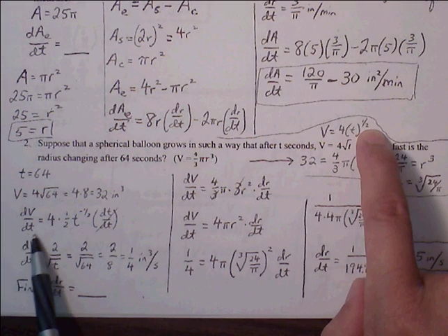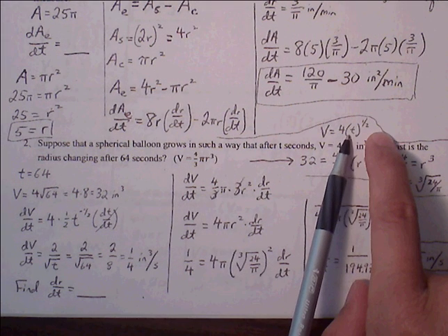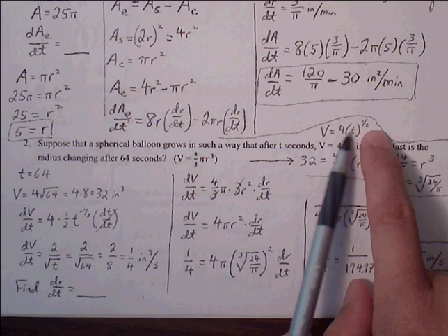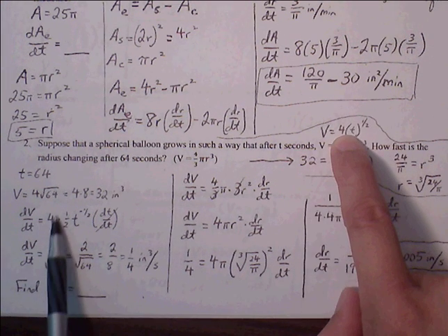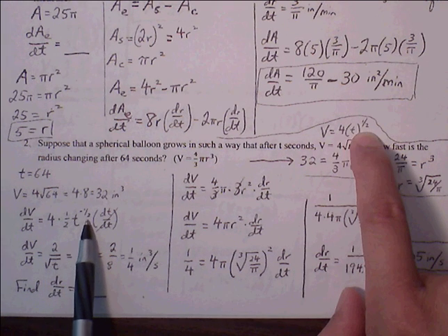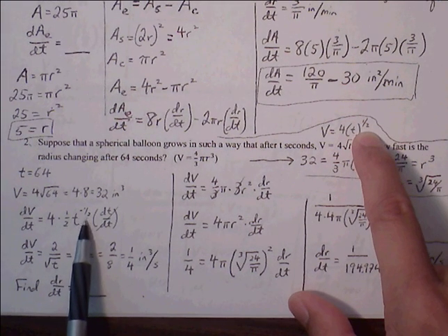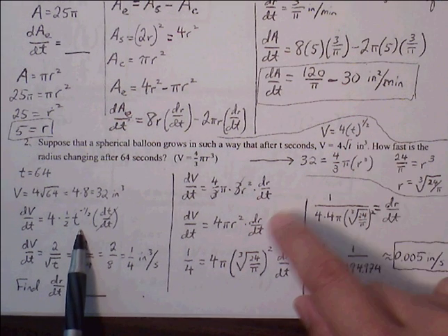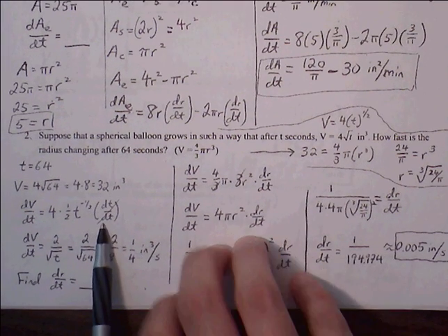So we're not going to have to attach a dt/dt for this variable since time is the independent variable. So let's go ahead and find the derivative. We bring the 1/2 down. So 1/2 times 4 times t to the negative 1/2. So going through power rule, we have to also continue to subtract 1 from the exponent. And then dt/dt, it just cancels out. It's going to be negligible here.